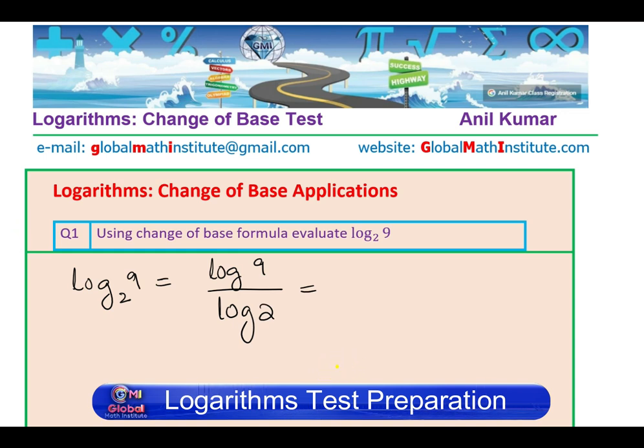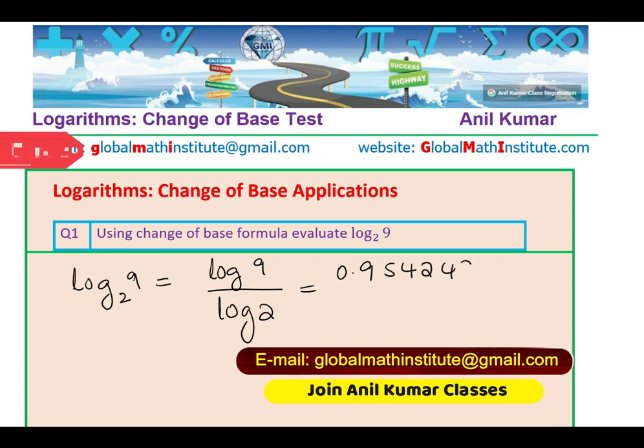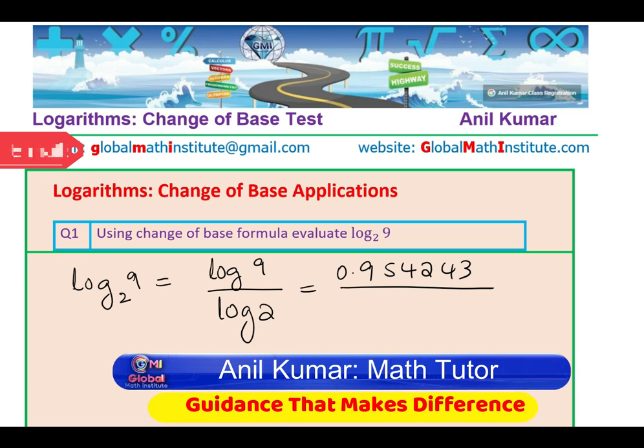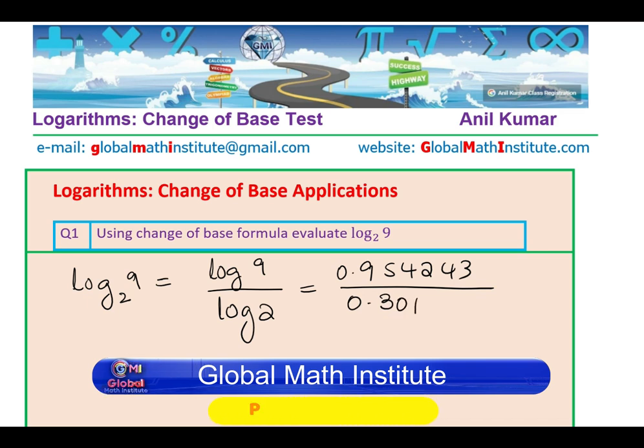Now use your calculator. Log of 9 is equal to 0.954243, divided by log of 2. Let me do it again. Log of 2 is 0.301030.